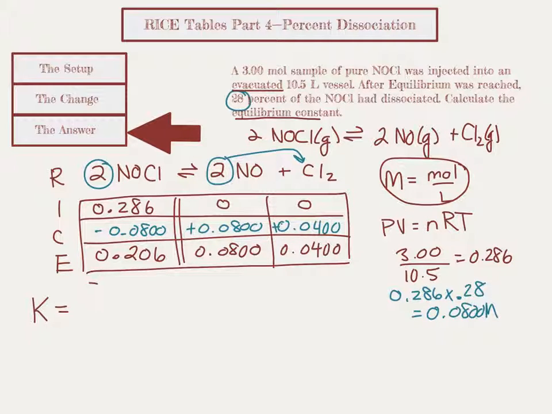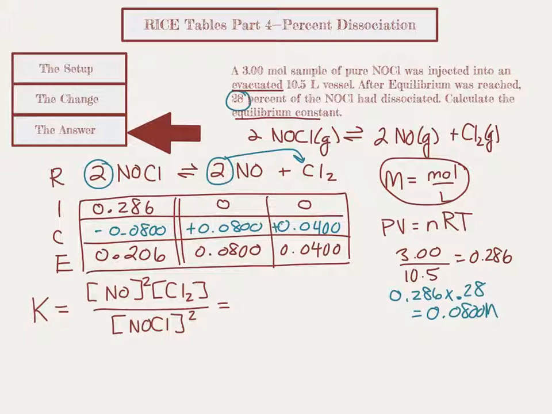The equilibrium constant is equal to the concentrations of products over the reactants. I always take the time to write out my equilibrium expression to make sure that I don't make any errors.